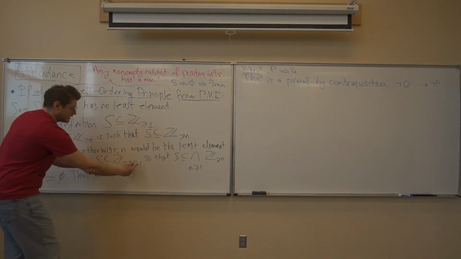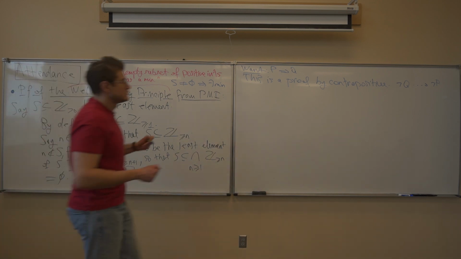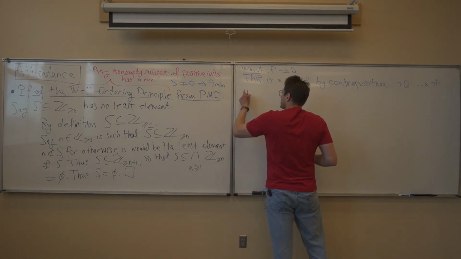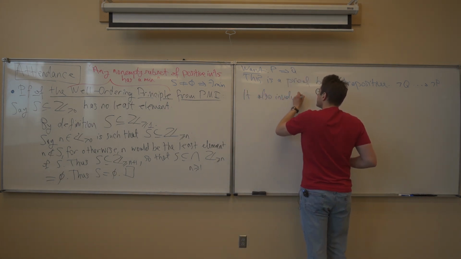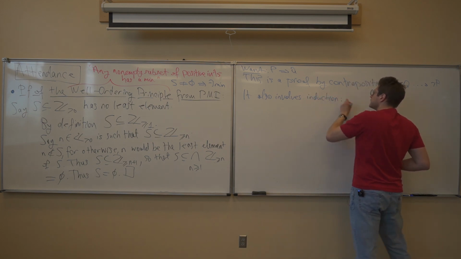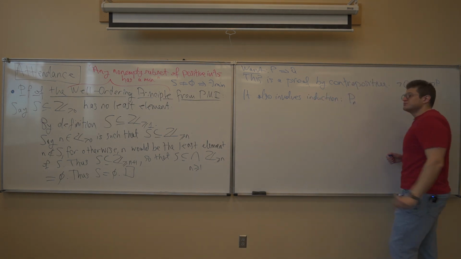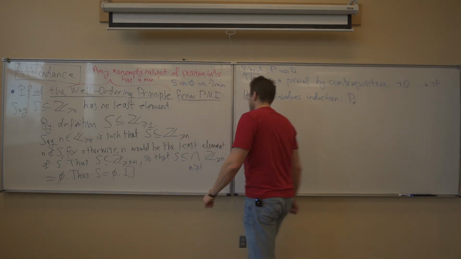And I showed that this is true. So let's try it. It also involves induction. The statement P sub n here really was that S is a subset of this guy.